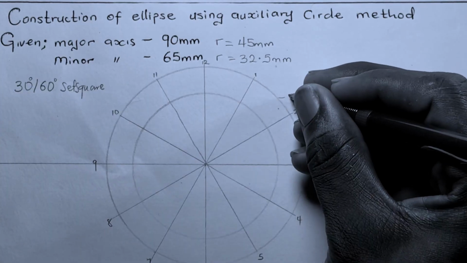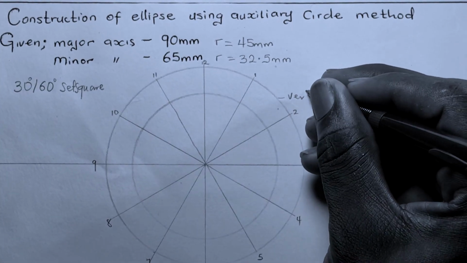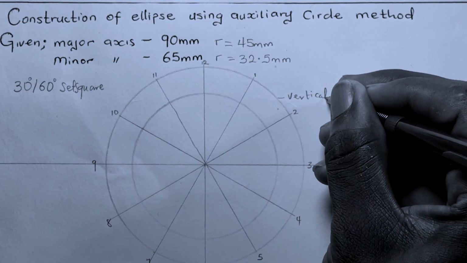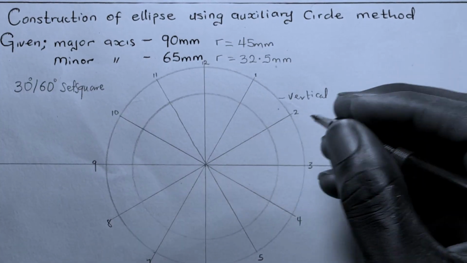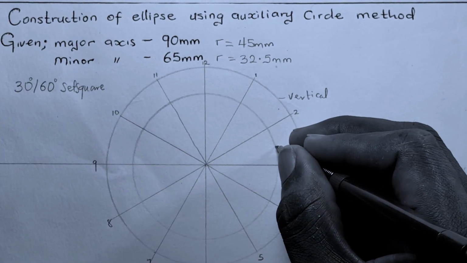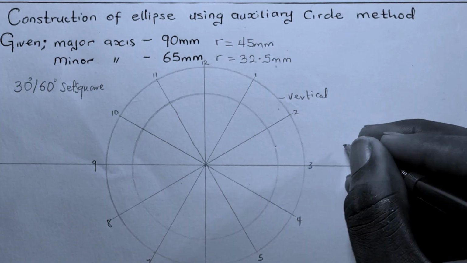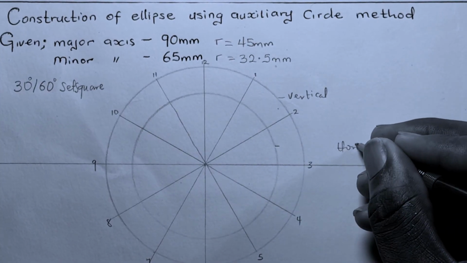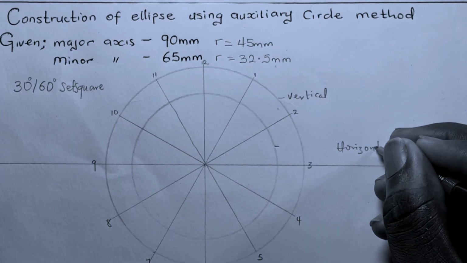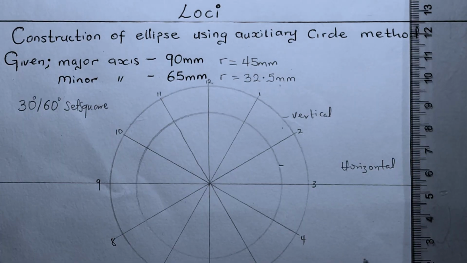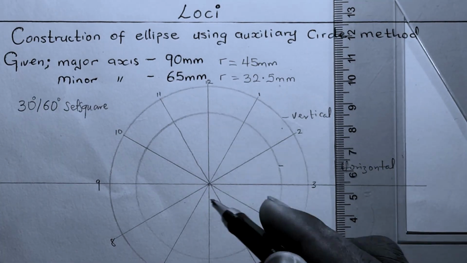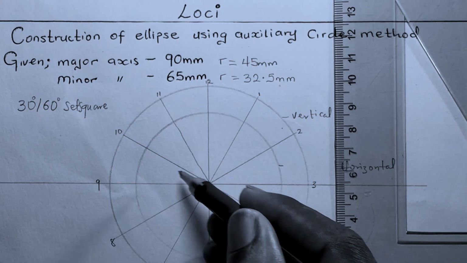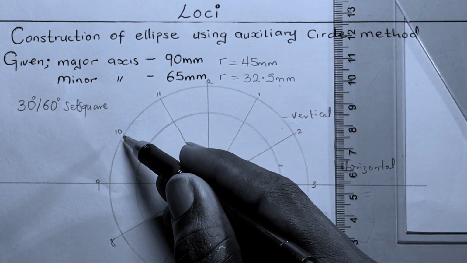So we are using vertical lines for the bigger circle, and for the interior circle we are making use of horizontal lines.